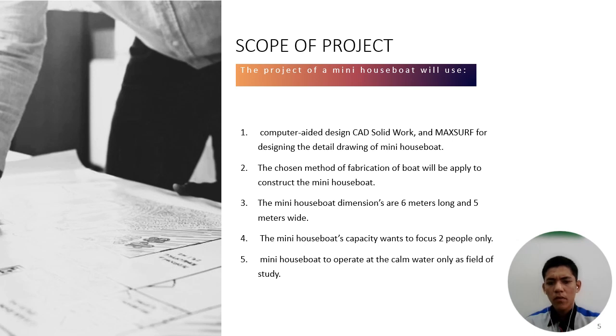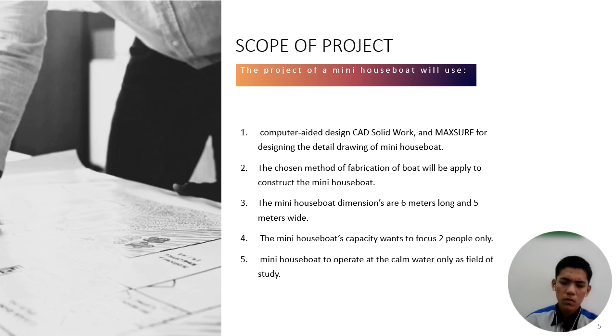After that, scope of project. Next is the scope of project. So in the mini houseboat design and development, what is the limitation in the study? Firstly, computer-aided design CAD, SolidWorks and Excel for designing the detailed drawing of the houseboat. After that, the chosen method of fabrication will be applied to construct the mini houseboat.